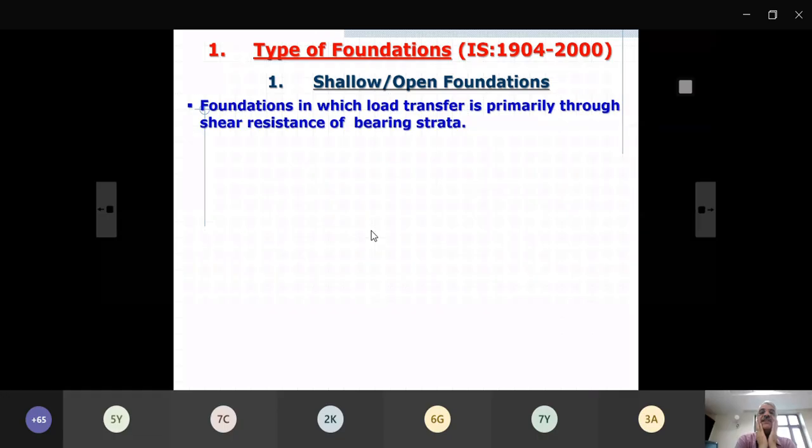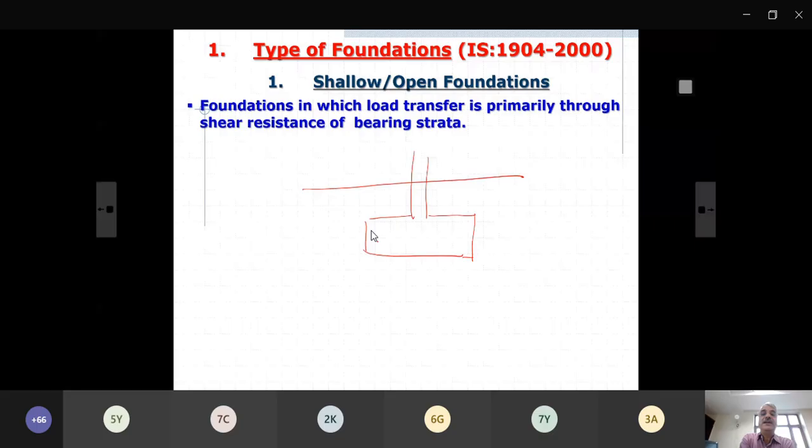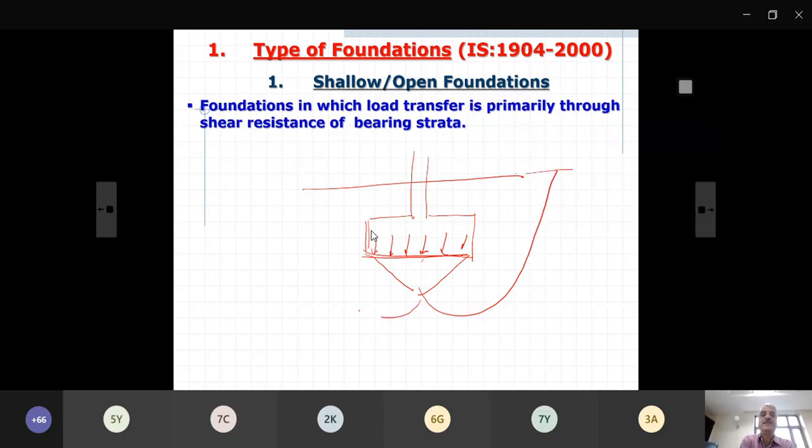A foundation in which load transfer is primarily through shear resistance of the bearing strata. So this is your foundation. Why am I telling you this? Because you will use this. This is your foundation, and the load transfer from here to here is through shear. Then it forms what you call Terzaghi's classical bearing capacity failure.